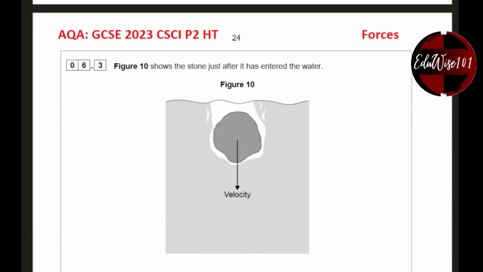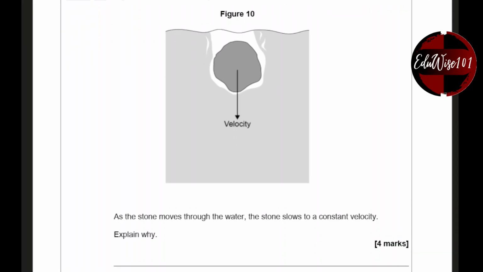Next part, 6.3. Figure 10 shows the stone just after it enters the water. As the stone moves through the water, the stone slows to a constant velocity. So it has maximum velocity when it enters the water. Now, there's weight acting downwards, but there's also going to be drag acting upwards.